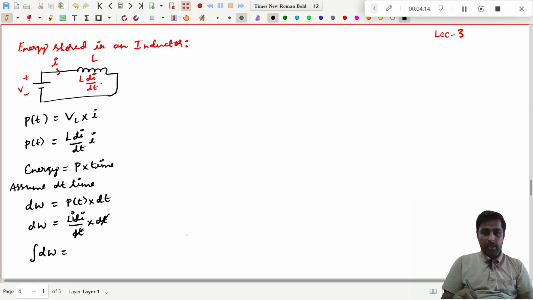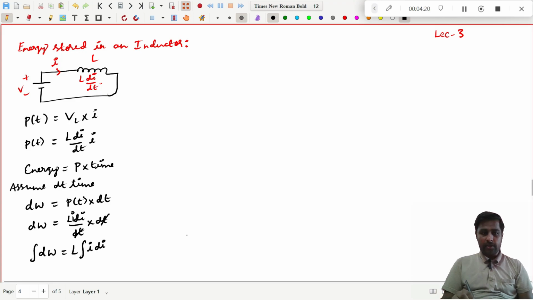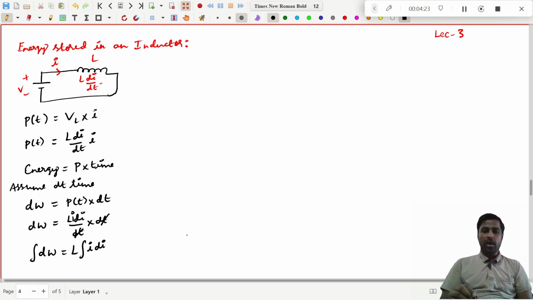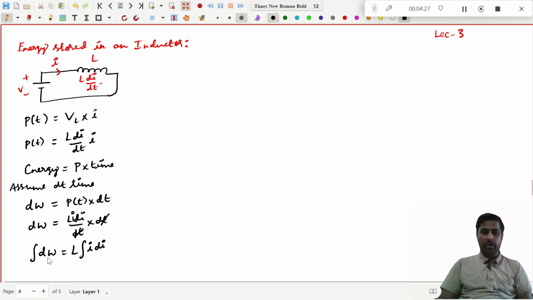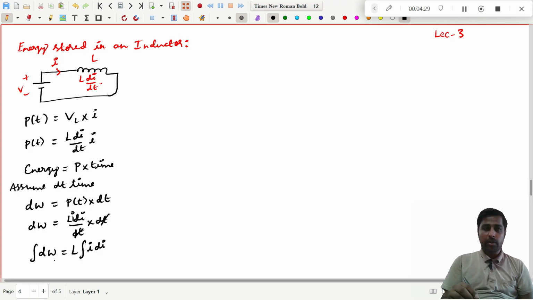Here L is constant, so this is I into di, right? Now you have to understand, this dw becomes w now, because we have integrated it. So this is nothing but w, which is equal to L into the integration of I into di. And what is the limit of this integration?